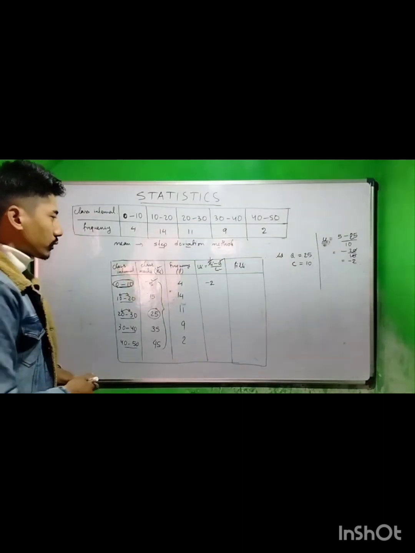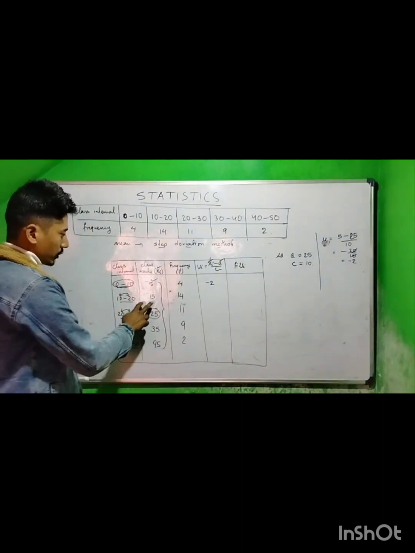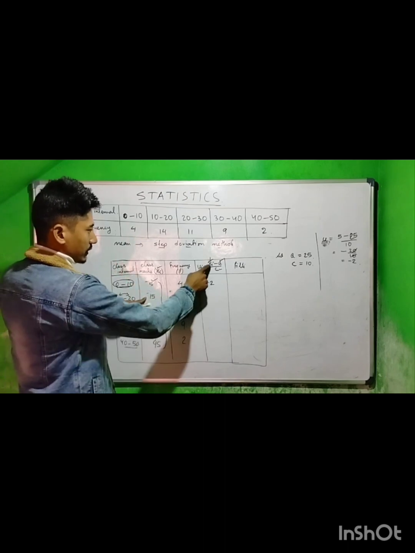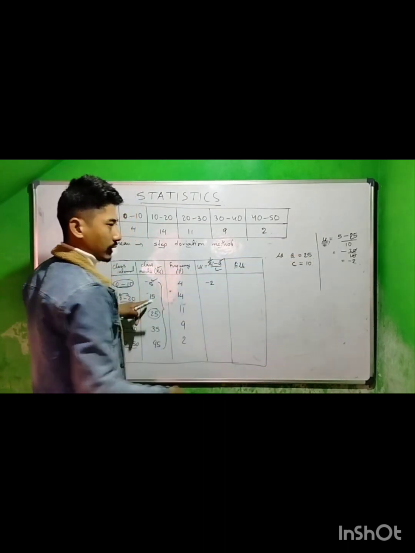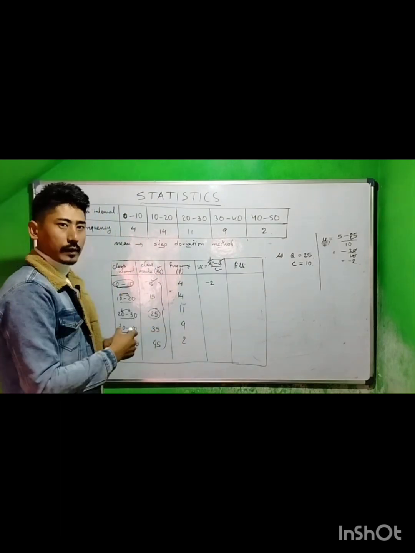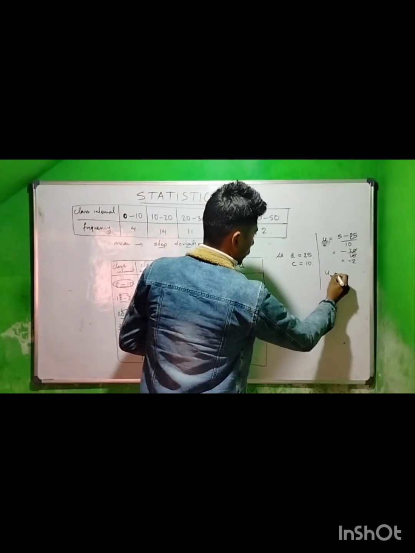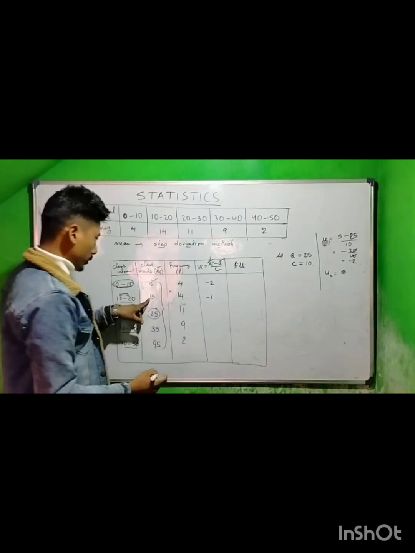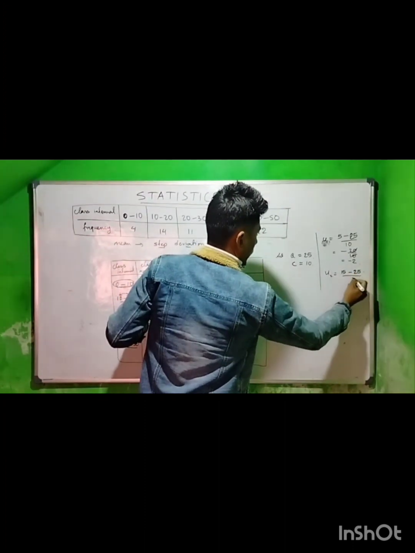Now we will follow the same steps for u1, u2, u3, u4. So u2, 15 is the xi, 15 minus 25 gives minus 10, divided by 10, I will get minus 1. I will do one more time here: u2, 15 is our x2, minus a is 25, and c is 10.